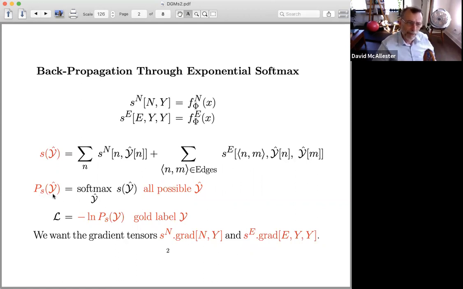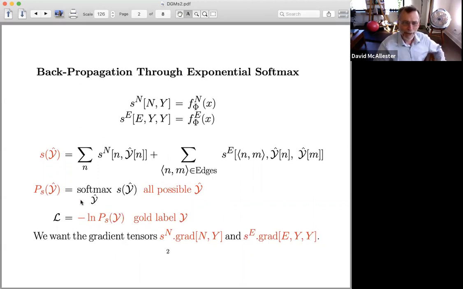And then we're going to define a probability distribution over the global labelings by doing a softmax over the global labelings. So this is our exponential softmax. Then our loss is just going to be minus log probability, as defined by this exponential softmax, of the gold label. So this is calligraphic Y, which means this is labeling all the nodes of the network. And the problem we're facing is we've got our gold label for the whole graph.